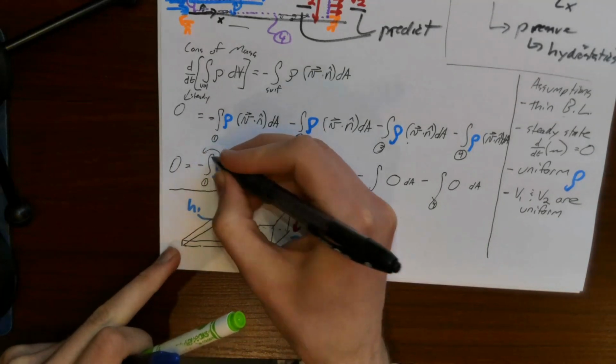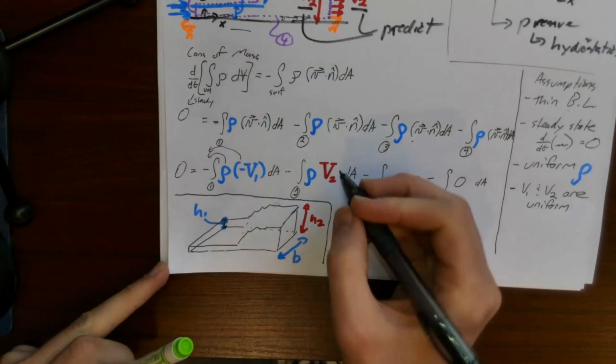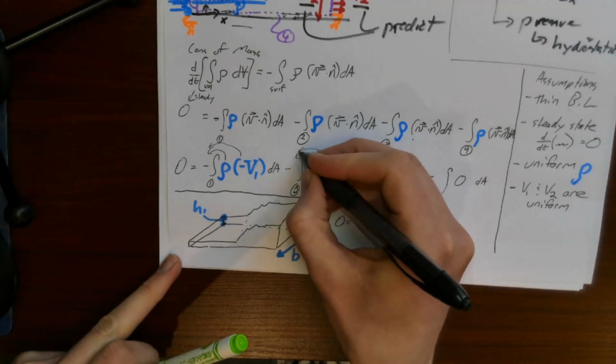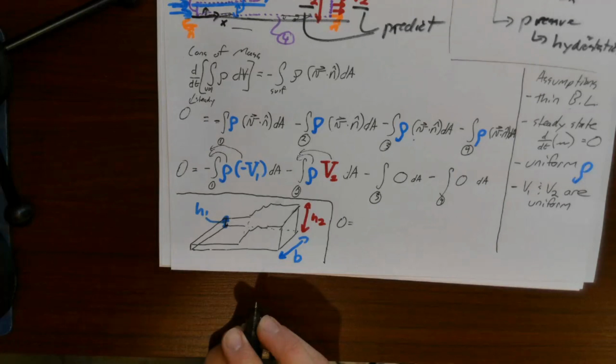So what does that mean? We can basically pull these things out of the integral. If they're uniform, they're not varying spatially across their respective surfaces. So what does that leave us with?